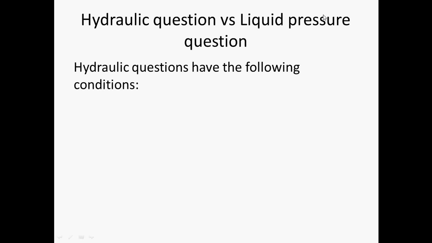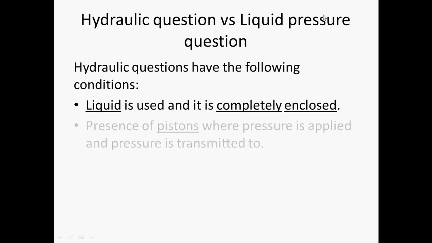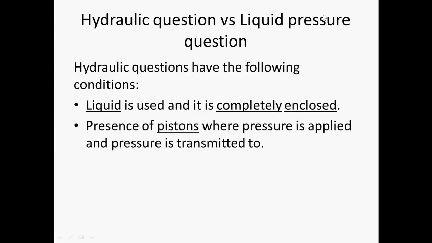So how do we identify a hydraulic question from a liquid pressure question? A very simple way to identify that the question is a hydraulic question is simply that the liquid in the question is completely enclosed. And the second one is there's a presence of a piston where the pressure is applied and transmitted.